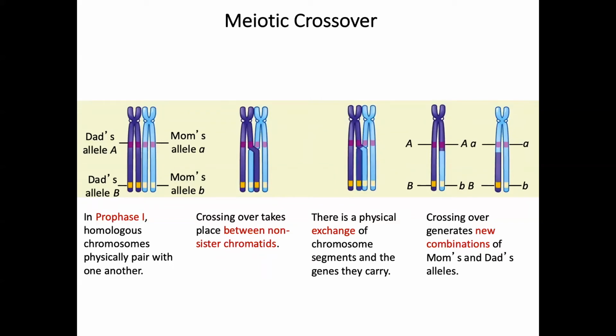First, the crossover only takes place between the non-sister chromatids, which makes sense because people do not exchange things with themselves, right? Second, after exchange, new combinations are generated. So that is the reason why siblings are not always the same. If you could understand the allele information, great. If not, we will get to genes and alleles later on. All these allele patterns, we will study later.